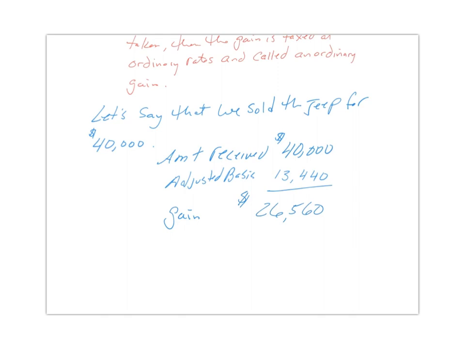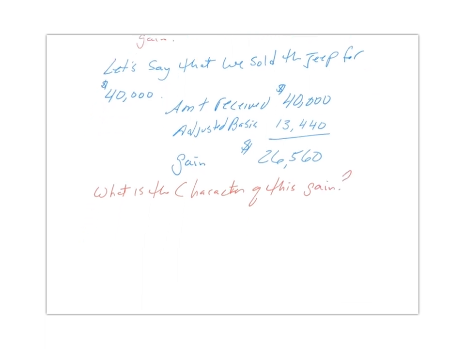Okay, so now we have the same basic question. What is the character of this gain? Okay, well, just like last time, we have to look at this gain with respect to the amount of depreciation we've taken.